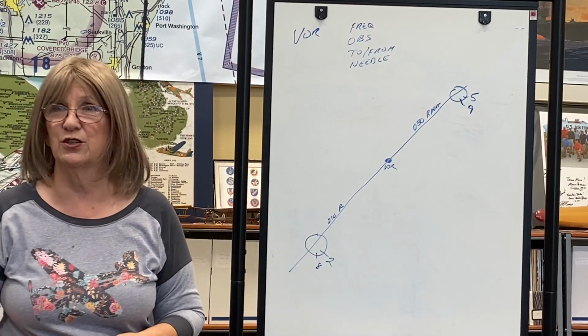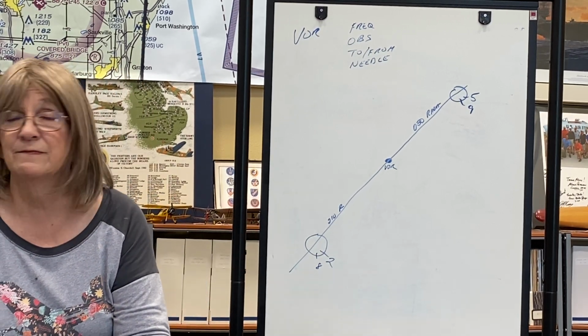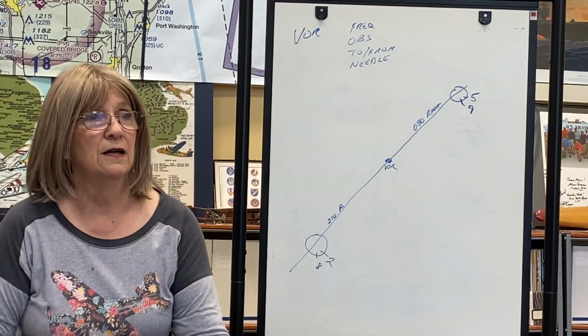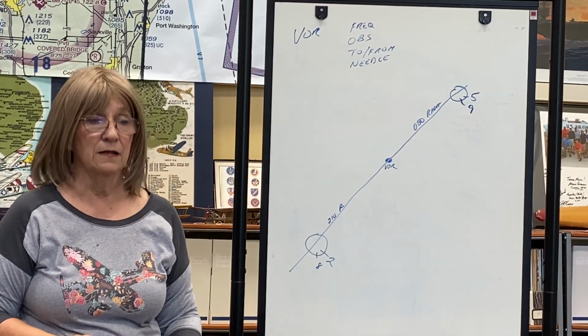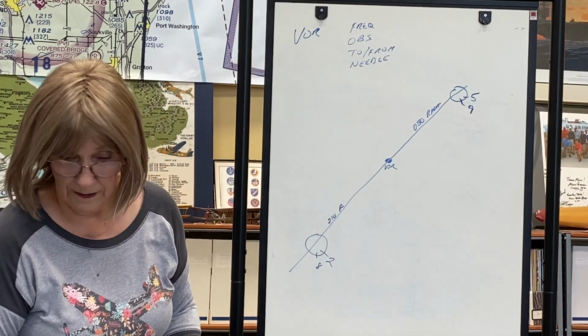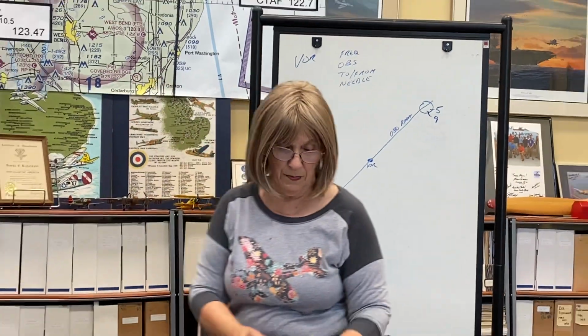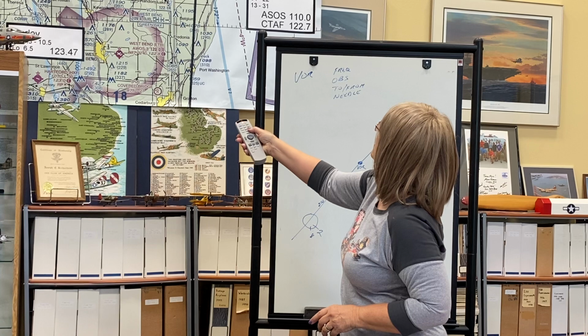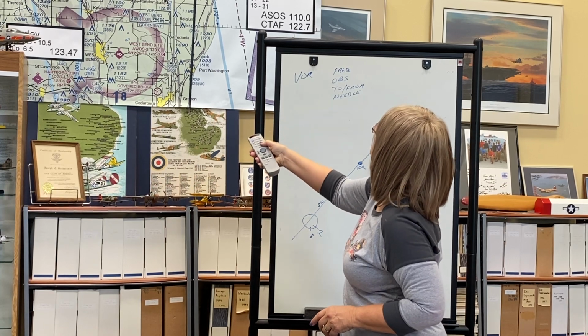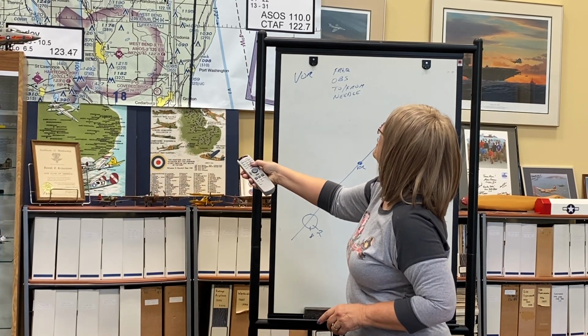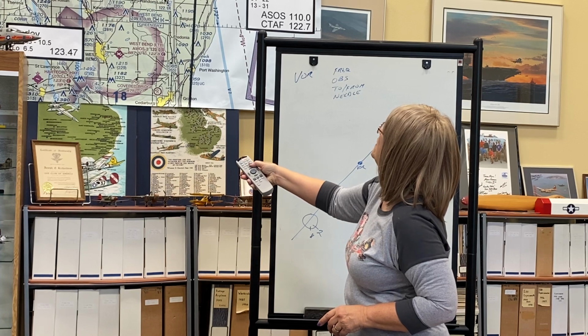I see some confused looks around. I guess I don't understand what is the purpose of VOR. What are we trying to do? Okay, what I'm going to be doing is trying to figure out where you are. All right, so here's the VOR, that white dot right there.